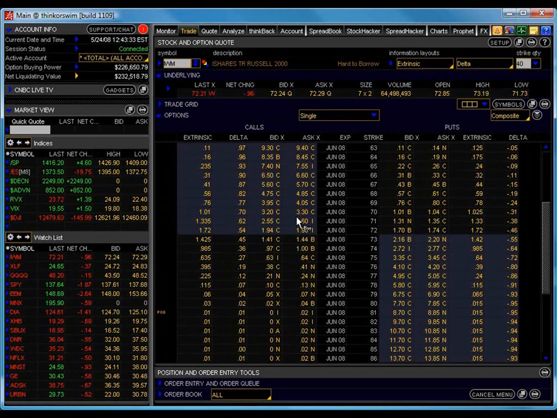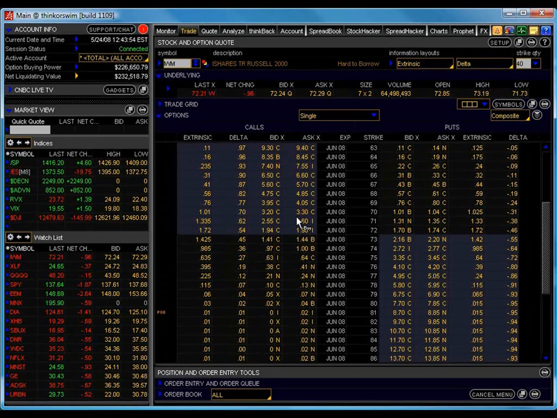Almost all the other spreads that we use, including iron condors, calendars, and double calendars, and even double diagonals, and some other sophisticated trades, including back ratio spreads, are all just a variation on the vertical spread.